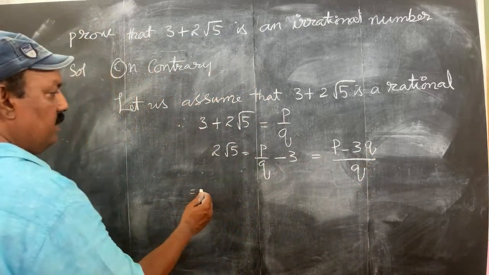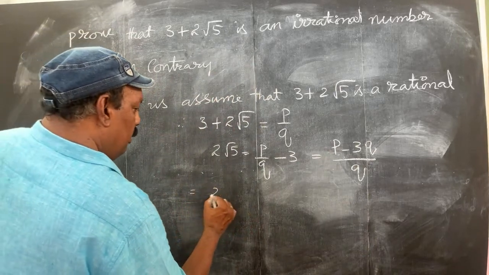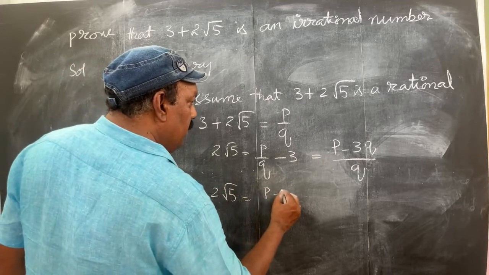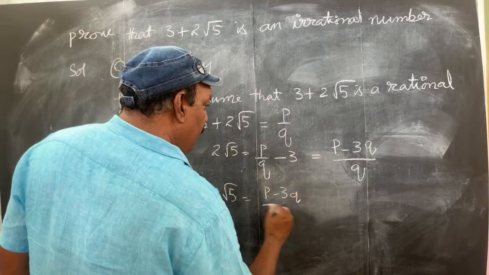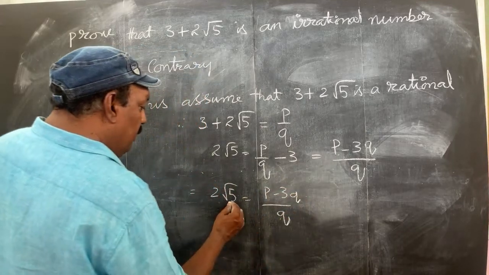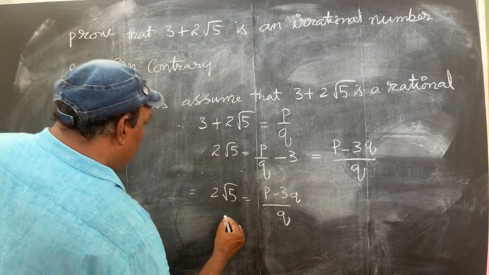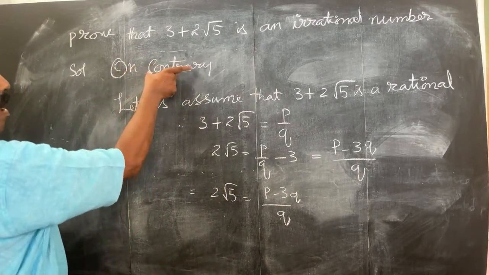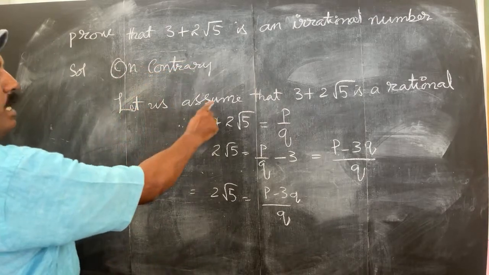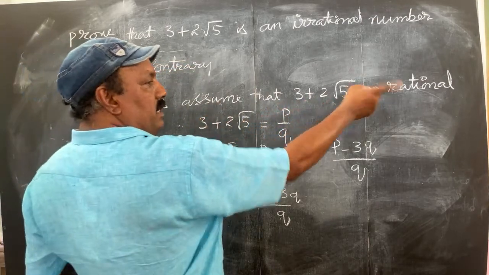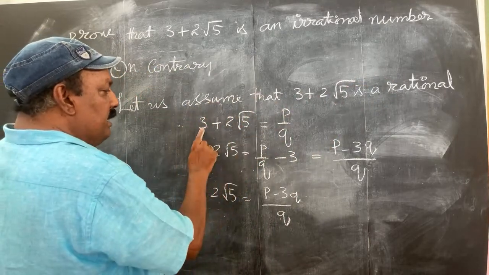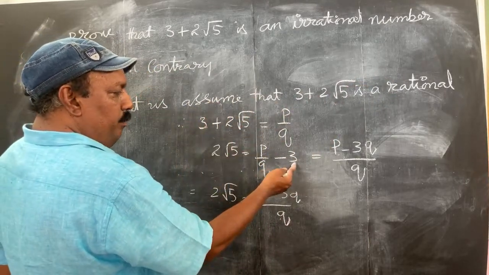Now the next step: 2 root 5 is equal to p minus 3q by q. To recap, first is on contrary. Let us assume that 3 plus 2 root 5 is rational. The 3 goes to the other side and becomes negative.